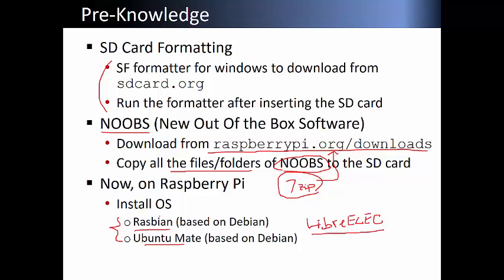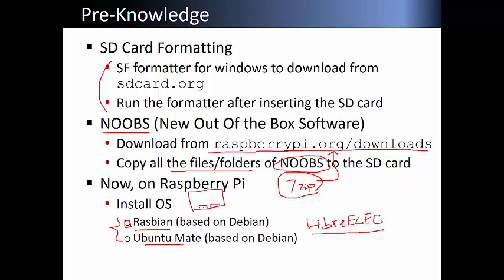When you insert your SD card into your Raspberry Pi and turn it on, the first menu that you can see is Raspbian. Don't simply click this Raspbian. Also, at the bottom of that first window, there are two things that you need to change.